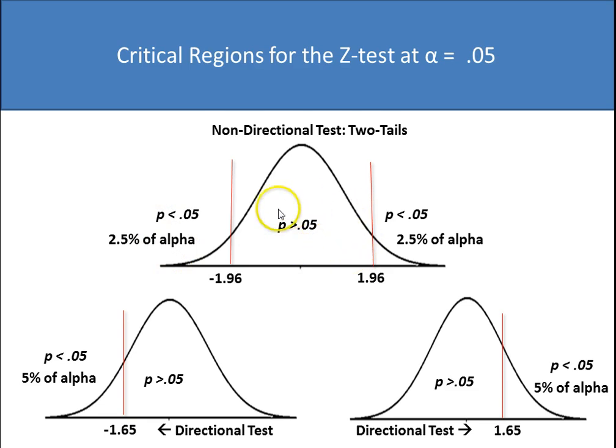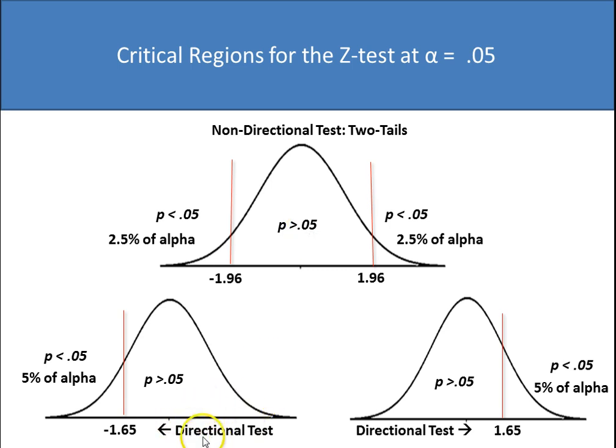And here, all the scores around the mean and all those that extend in either direction, but between these critical lines, these would be the high probability outcomes, probabilities that are greater than your alpha.